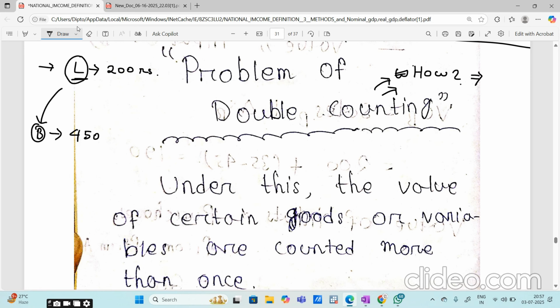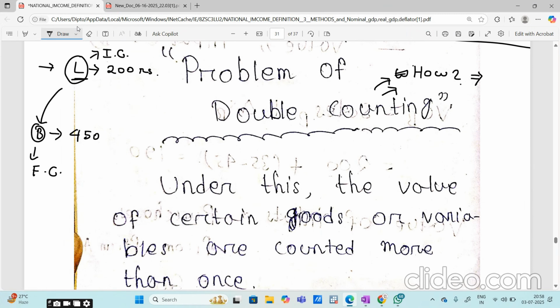Well, this leather is basically an intermediate good, as it is not ready for consumption, and it will be used to make a final good. This bag is a final good. Now, if this intermediate good is added to GDP, and suppose for our better understanding there are some other things in the economy.